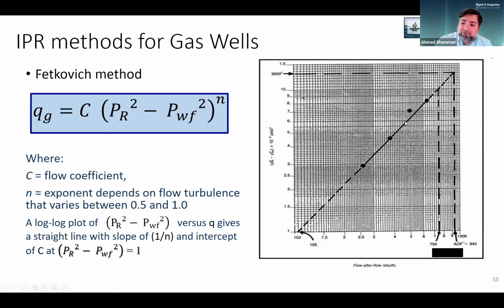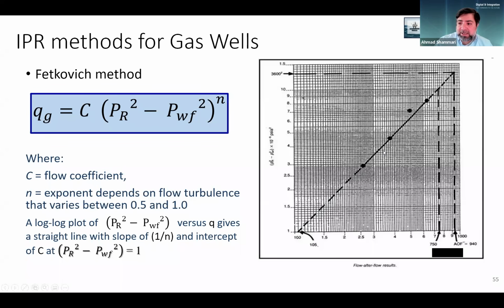Number one, if I extend this straight line until 1, which is basically where PWF equals P reservoir, because this is log 0, then this is going to be C value, okay?